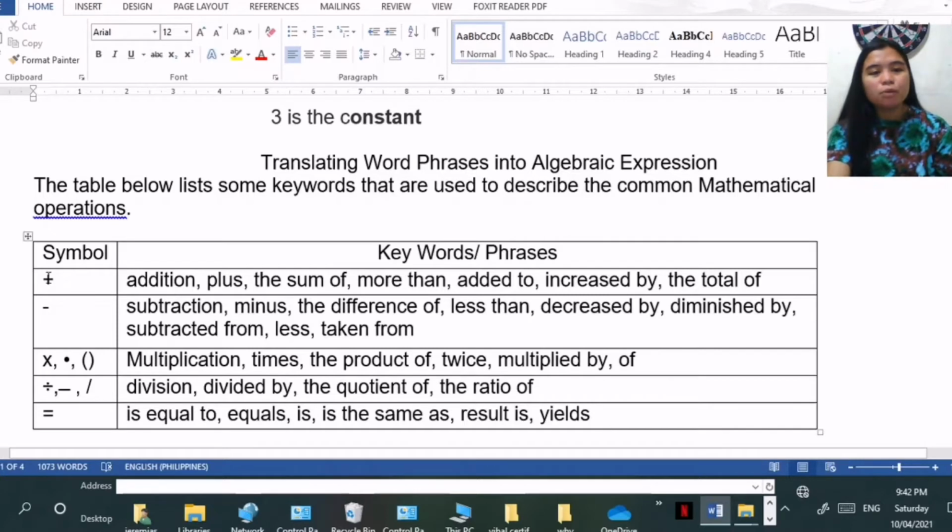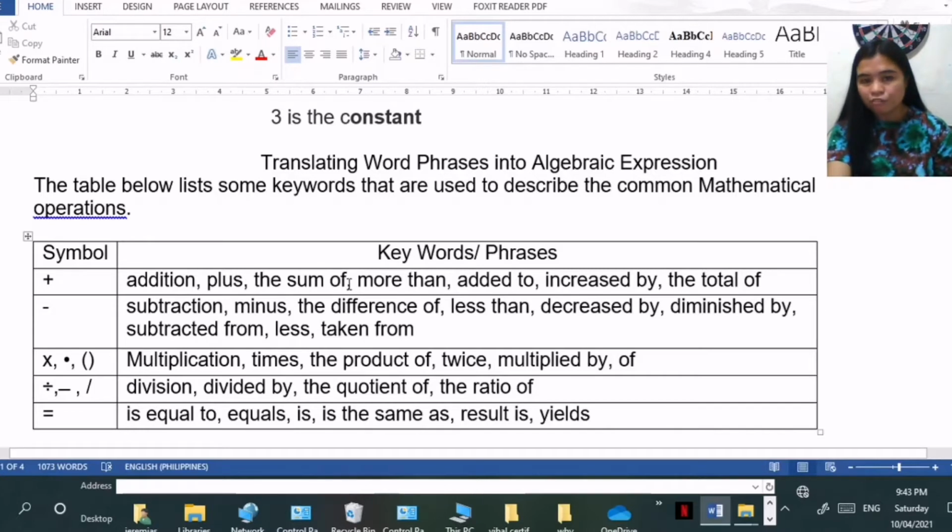We have here a symbol. You see this symbol, the plus, the cross. When you read the word addition, of course, you should think that the symbol is this, or that the operation is addition. And then plus. When you hear plus, that is addition.